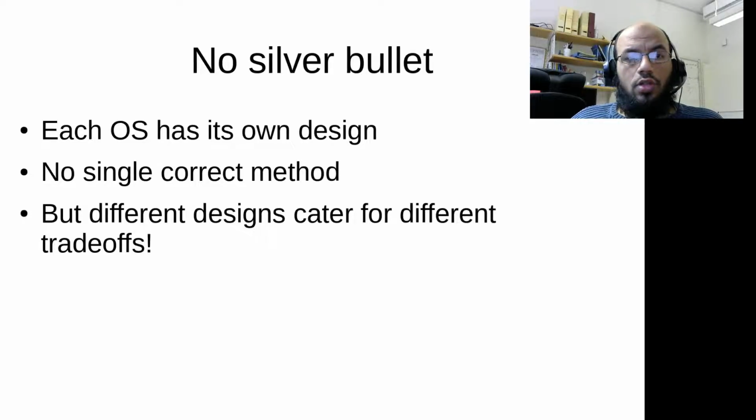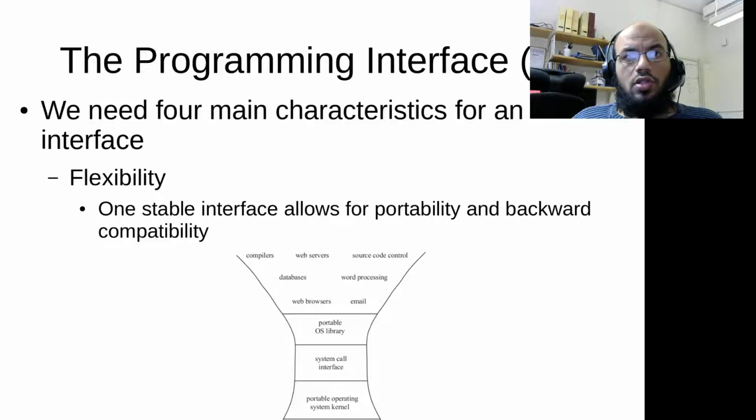So let's look a bit at what the programming interface looks like. Your top tier has a few of the different applications that run on your computer, and then you have a portable operating system library, the system call interface, a portable operating system kernel, and the architecture that lies beneath.